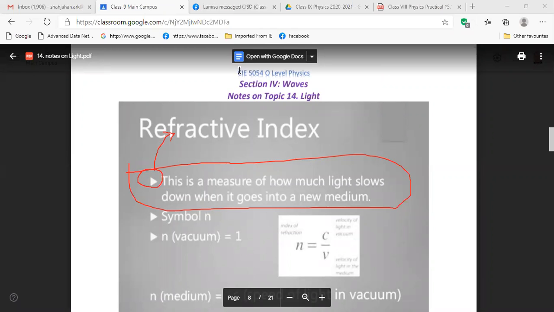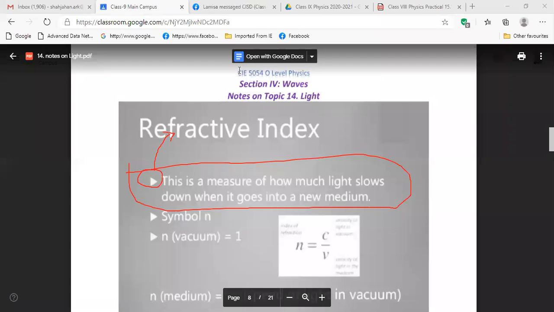Like light is going from water to glass, right? Then we are not taking the ratio of speed of light in water and speed of light in glass for refractive index. Rather, we take the refractive index for water and refractive index for glass separately.